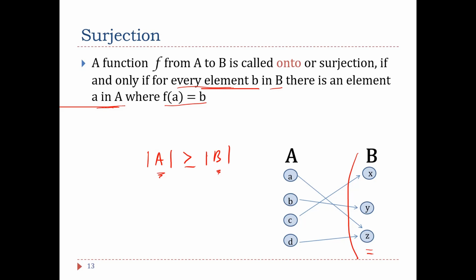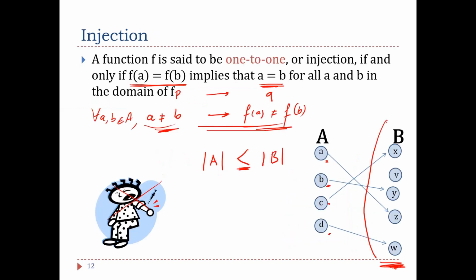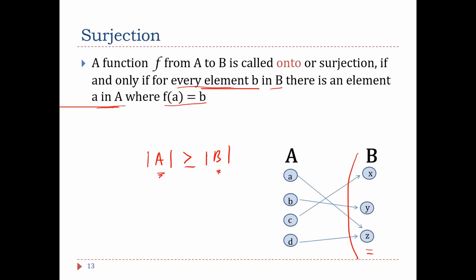Okay, and I think you start noticing that having a function that is both injective and surjective is about having the right balance. It's about having A and B with the same size of elements, okay?